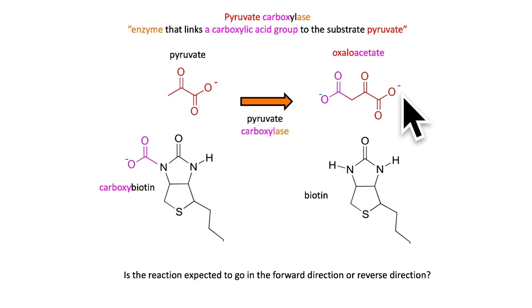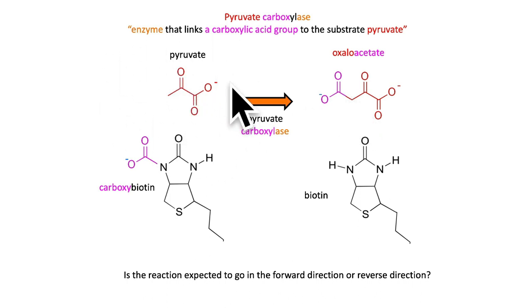Now, I should point out that in going from pyruvate to oxaloacetate, you did add a carbon-to-carbon bond because the carbon in the carboxylic acid has now been added to the carbon that was on the pyruvate.